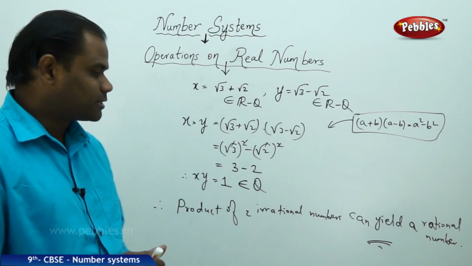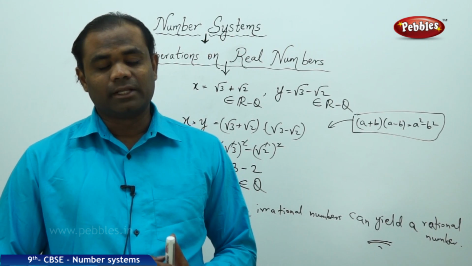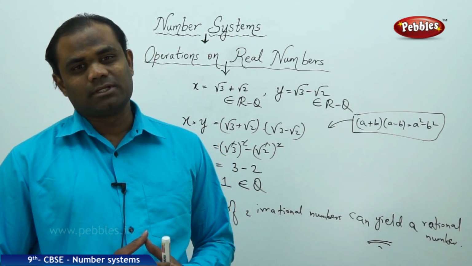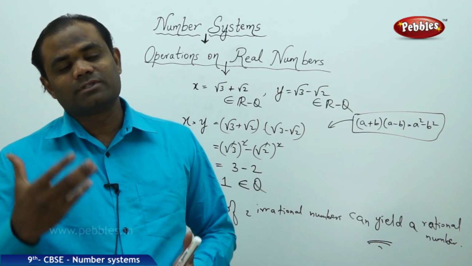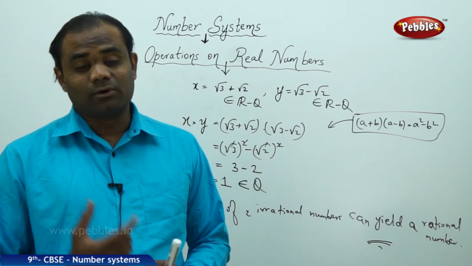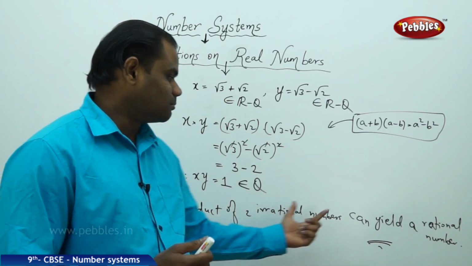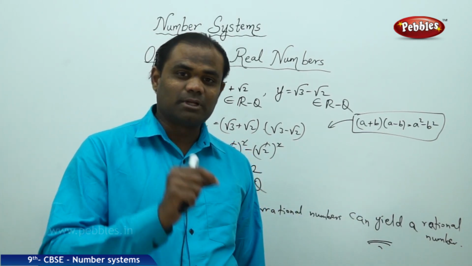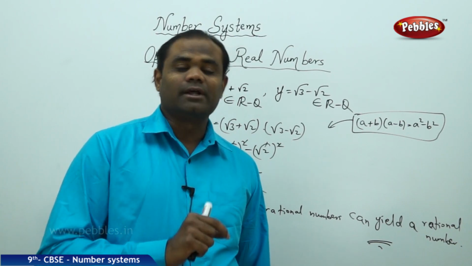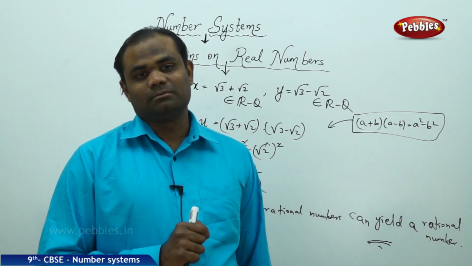The product of two rational numbers cannot yield an irrational number, because rational numbers when multiplied always give a rational number. The only exception is two irrational numbers, which when multiplied may give a rational number, but two rational numbers when multiplied always give a new rational number.